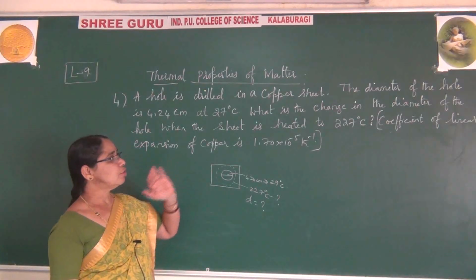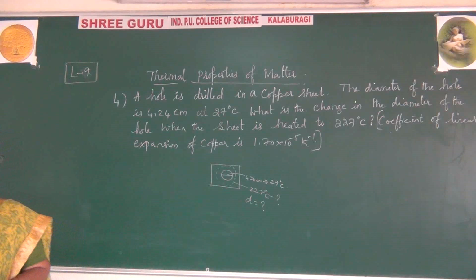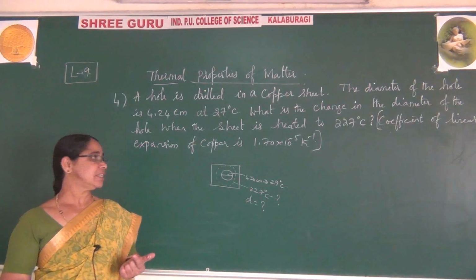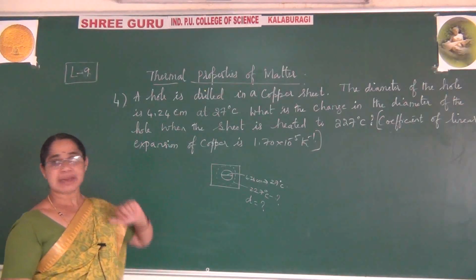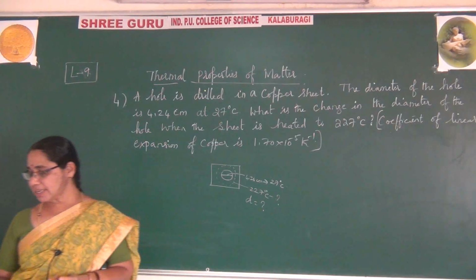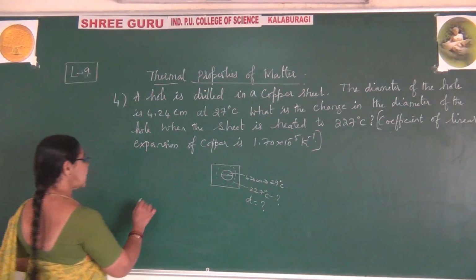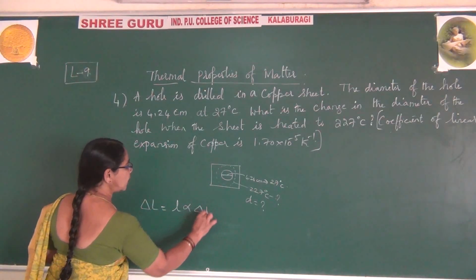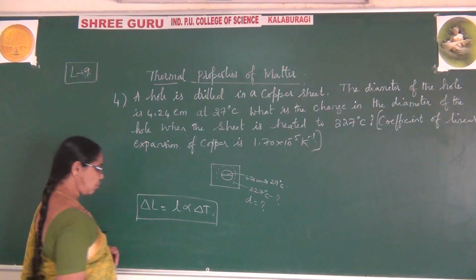Is it clear? For this we use the coefficient of linear expansion formula, that is the change in length. Earlier they gave this length, now the length will be increased, so you have to calculate the change in length. For this, delta L is equal to L into alpha into delta T. Very simple formula.